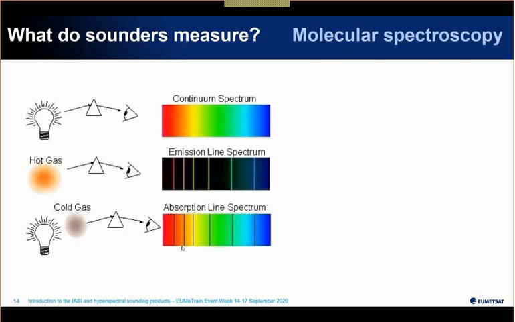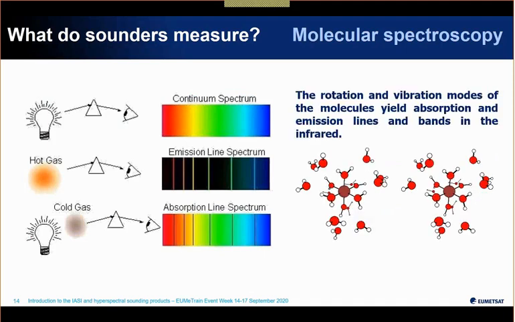As you probably know, what they are measuring is actually the spectral signatures of the different molecules in the atmosphere, and that results as a cold gas that the atmosphere puts between the hot source, the surface, and the satellite, here the instrument, in absorption features in a continuous spectrum.